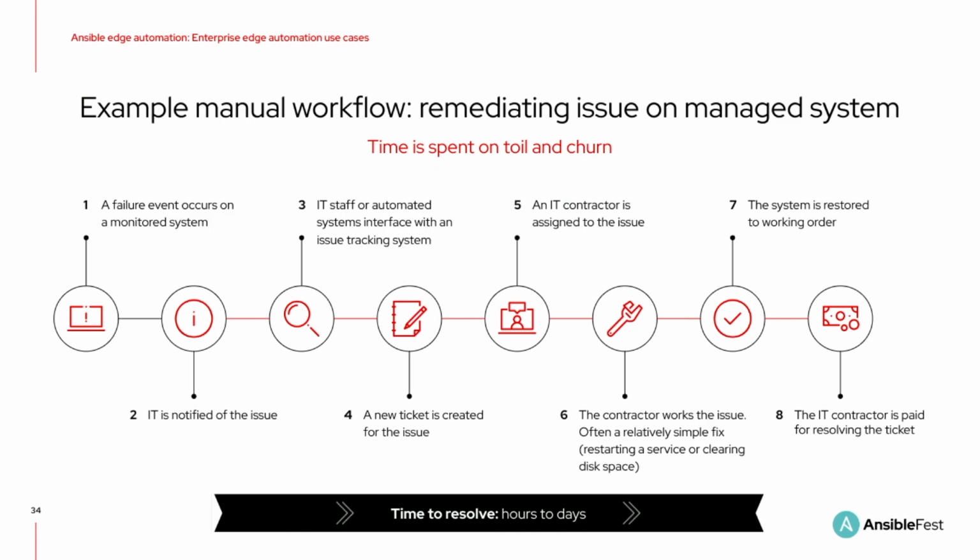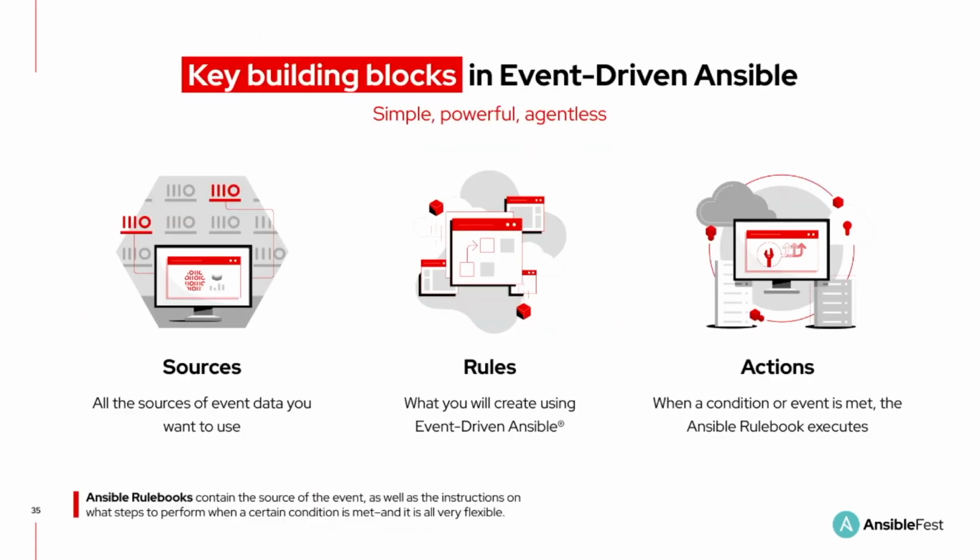The time to resolve can be shortened from days to hours. Something that we always have, and I'm very repetitive on that, is that there is a lot of waiting time in the middle of all the operations. So something happens, and until you visualize the issue, until you get notified, until you have the ticket, you might have hours of outage. So that's why event-driven Ansible is powerful for remediation.